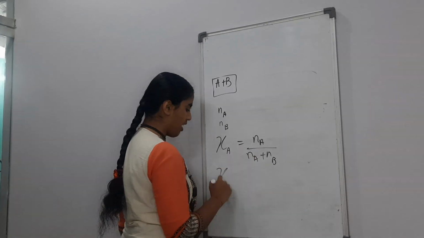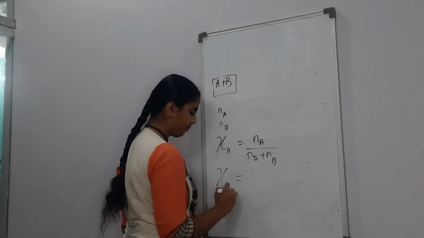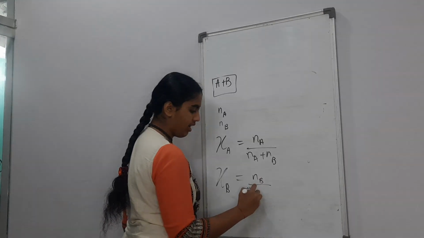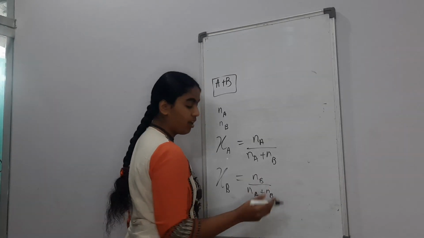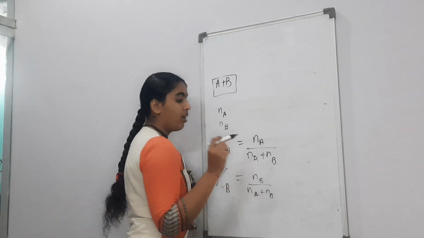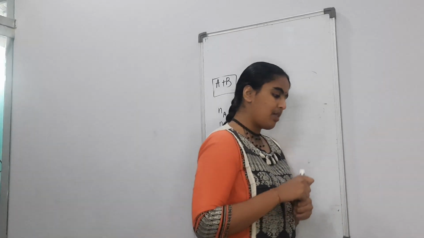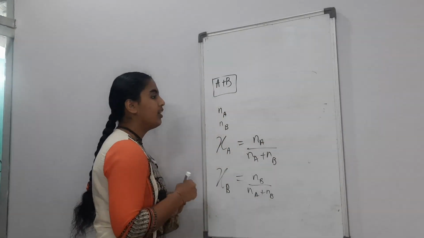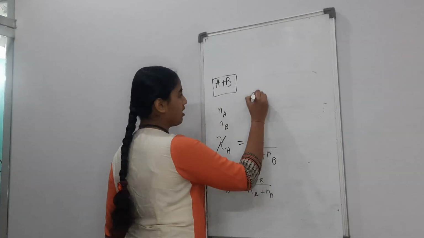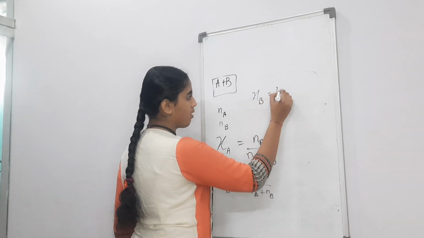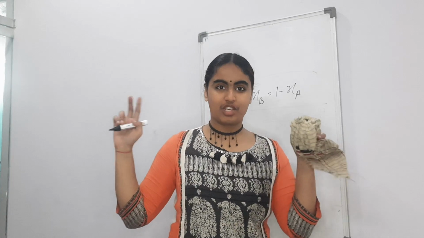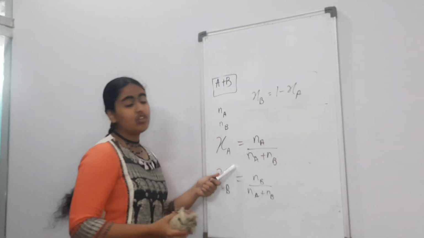Similarly, xi B would be Nb upon Na plus Nb. Now, mole fraction is somewhat like probability. For a two-component solution, xi B is also equal to 1 minus xi A. That's cute, right? It's kind of like probability. It is a ratio, so it has no unit.